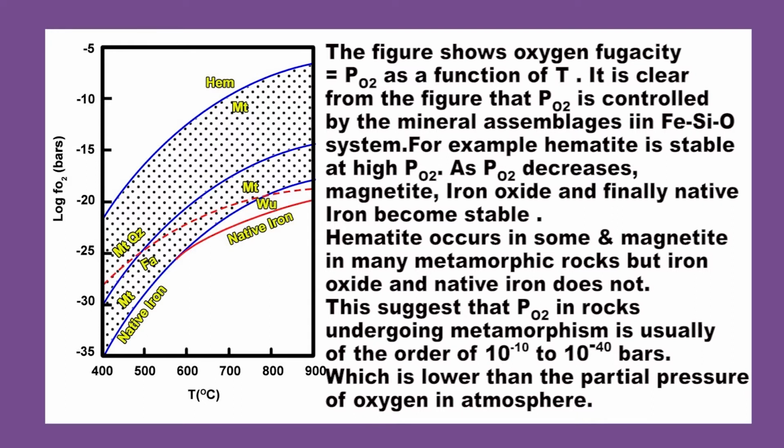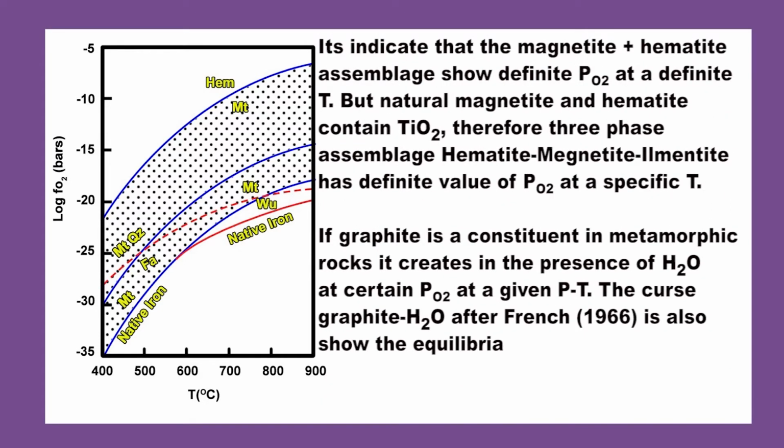This suggests that PO2 in rocks undergoing metamorphism is usually of the order of 10 to the power minus 10 to 10 to the power minus 40 bars, which is lower than the partial pressure of oxygen in the atmosphere. From the figure, it indicates that the magnetite plus hematite assemblage shows different PO2 at a definite temperature, but natural magnetite and hematite contain TiO2.